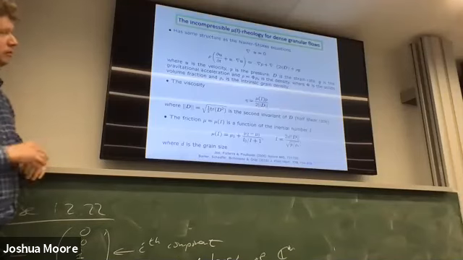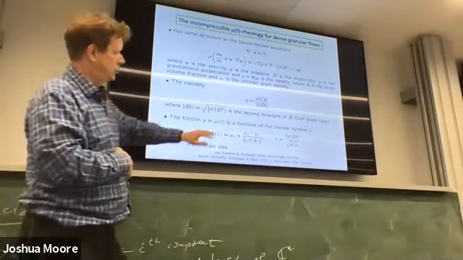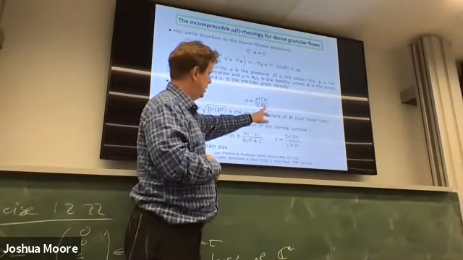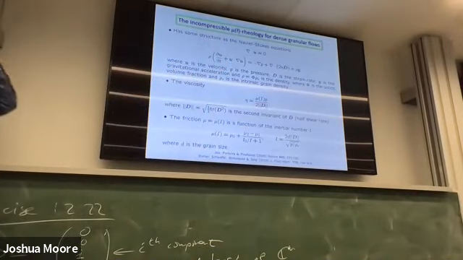In this notation, D is the strain rate, so this is half the shear rate.